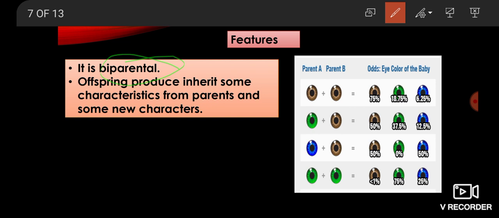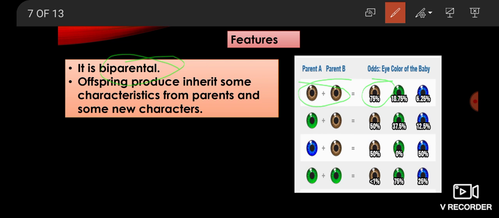For example, one example I had kept here, dear students, is the color of the eye, right? First, if two parents both have brown color eyes, then definitely there is a 75% chance that the offspring will also have brown color eyes.